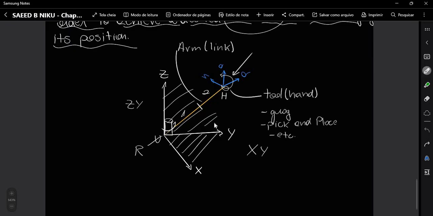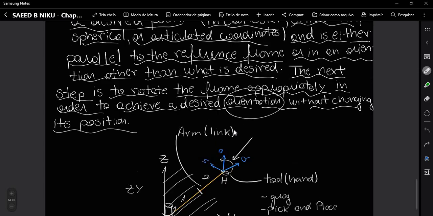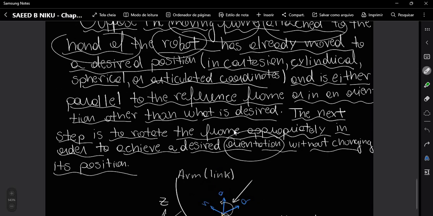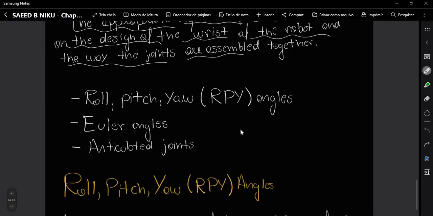It is a reference frame, and we don't want to change the position. We just want to change its orientation. So for that, we have to apply the angles of roll, pitch, and yaw. So it's more like a technique again. So we are learning about techniques. In this way, let's see.